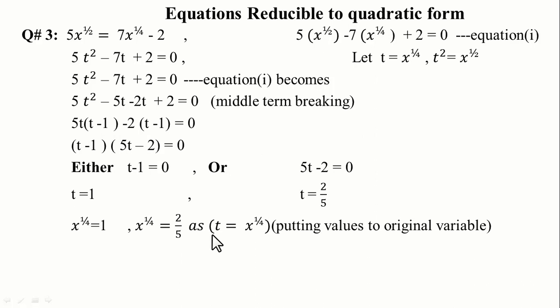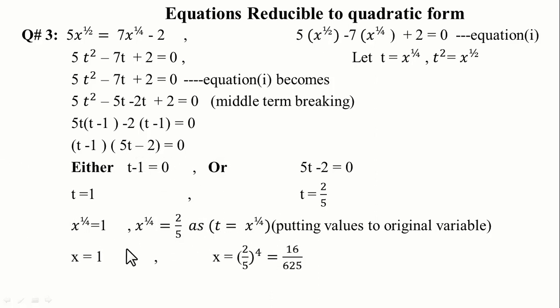Putting this in, in the original variable, x to the power 1 upon 4 is equal to 1 or x to the power 1 upon 4 is equal to 2 upon 5.